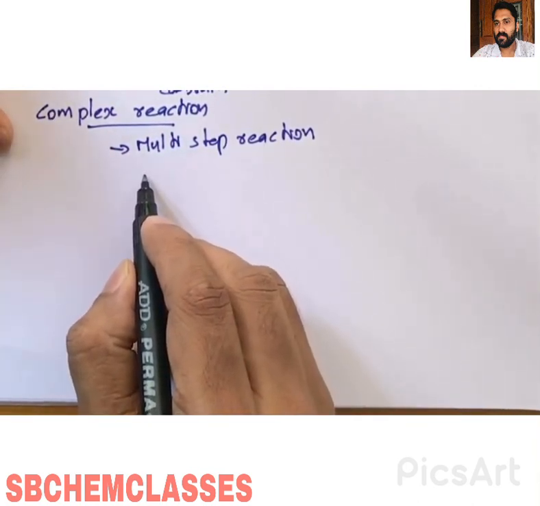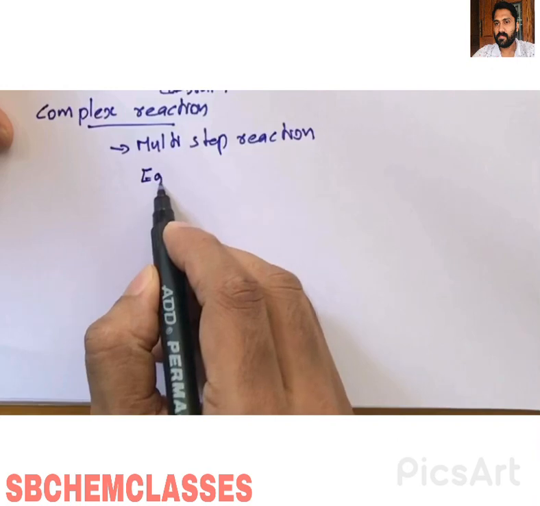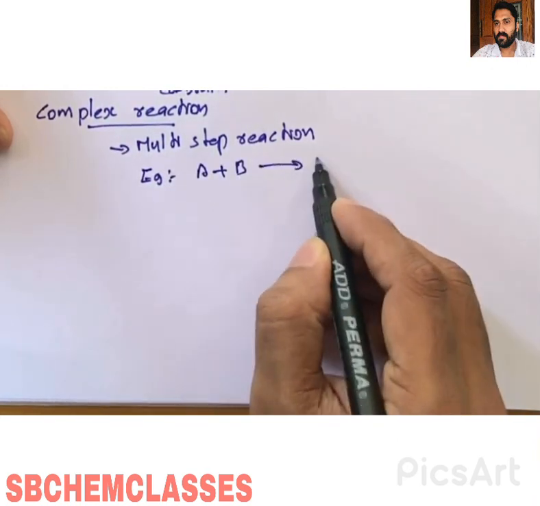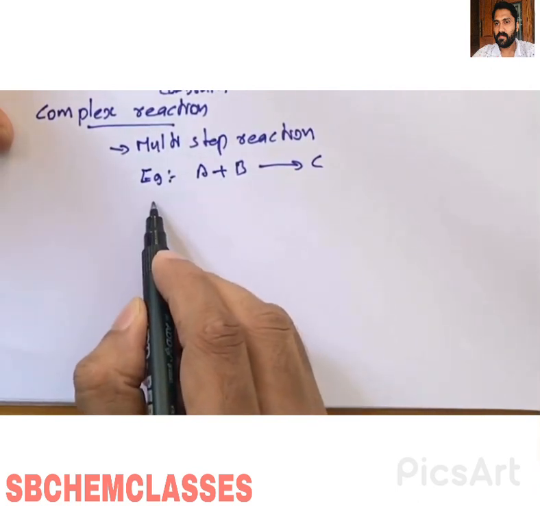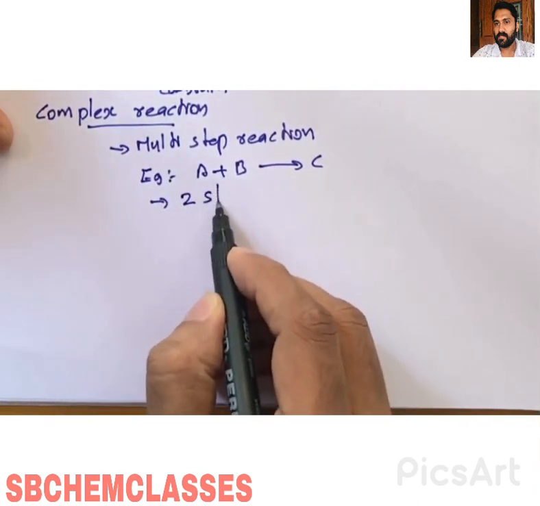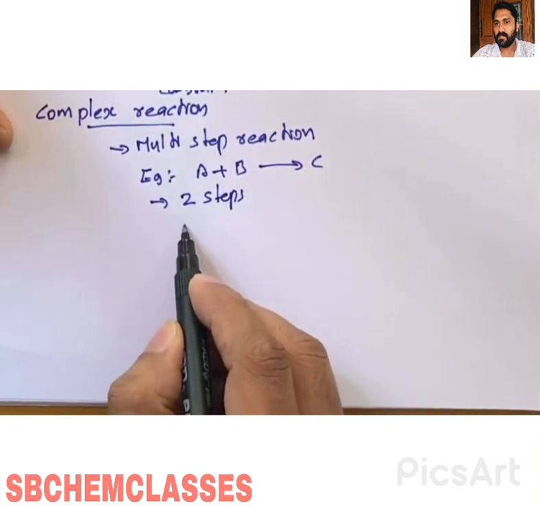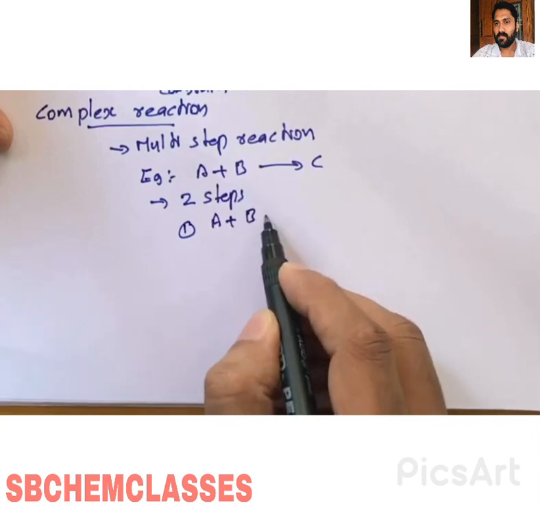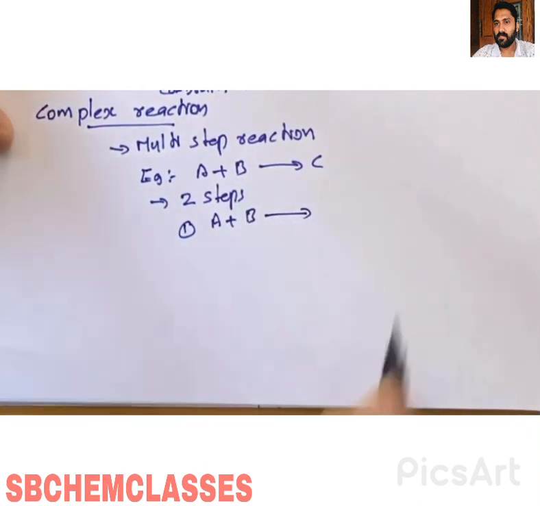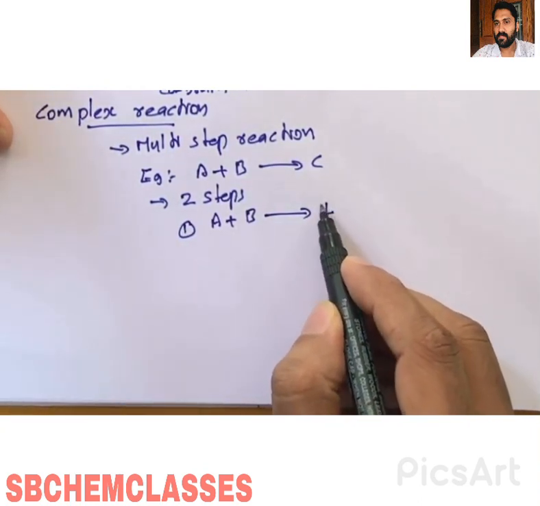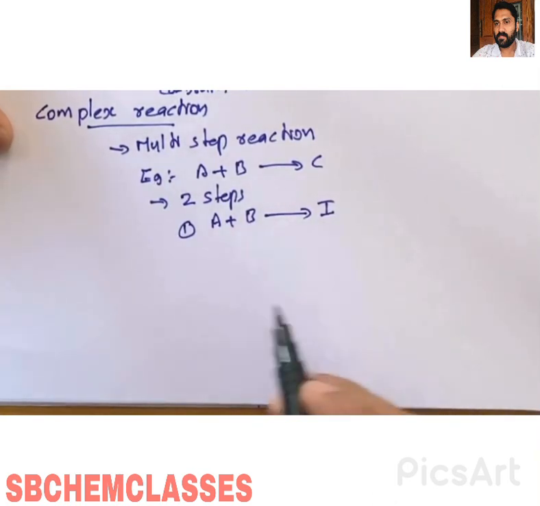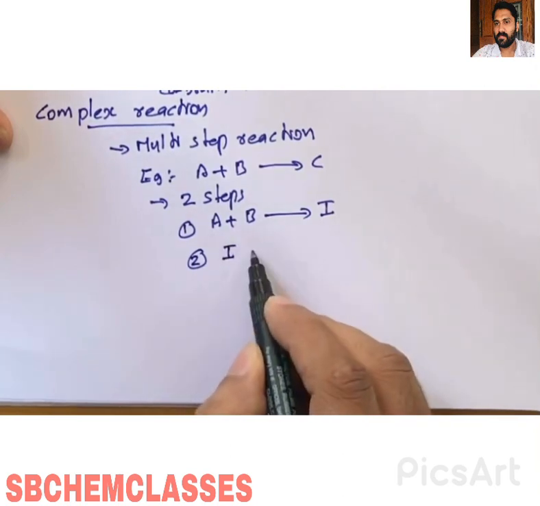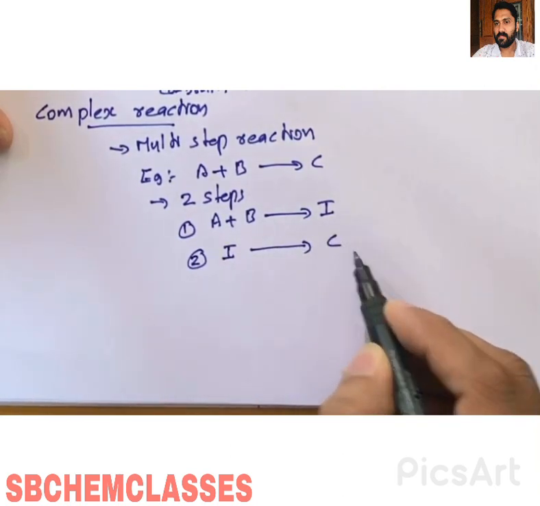Consider a reaction A plus B becomes C. If it involves two steps, the first step is A and B combine to form I. I is an intermediate. In the second step, that intermediate is converted to product.